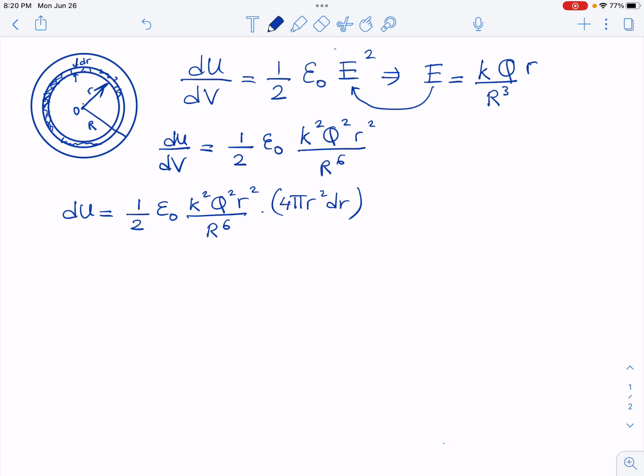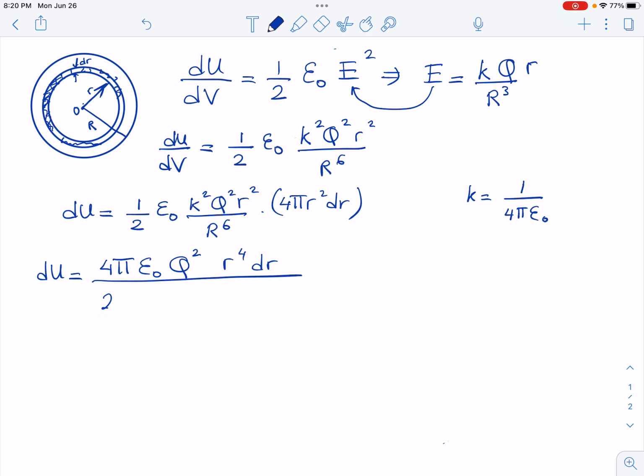Now let's clean this up a little bit. Also remember k is 1 over 4 pi epsilon naught. And then we have du is equal to 4 pi epsilon naught q squared and r to the 4th dr on top.